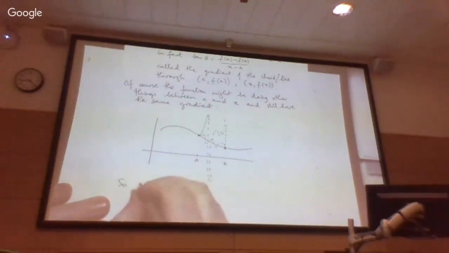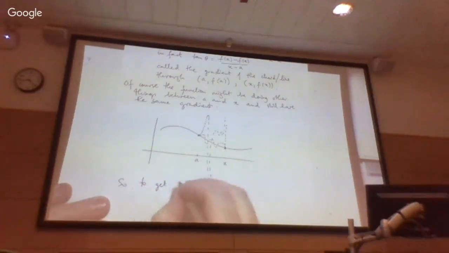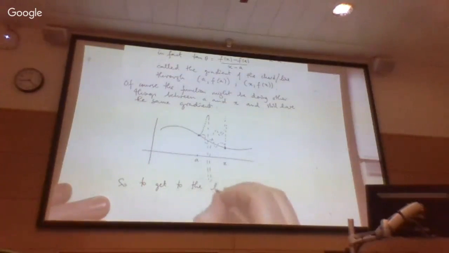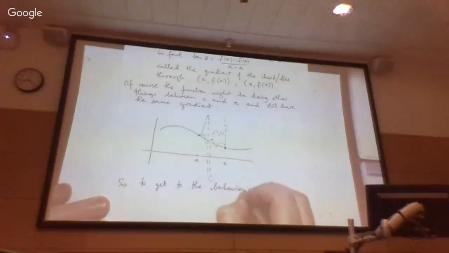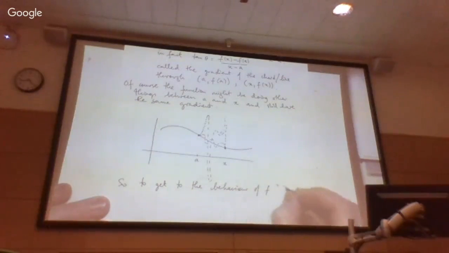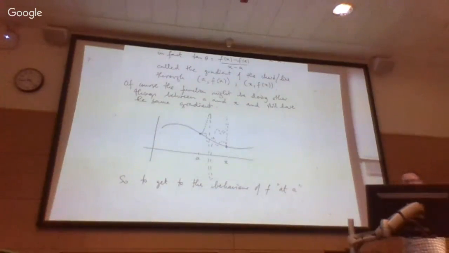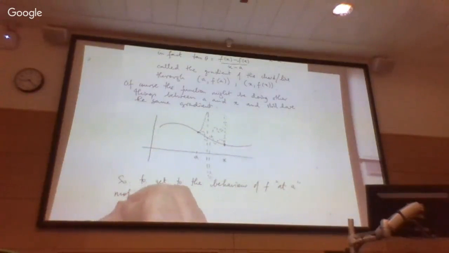So to get to the behavior of f at A, not at A compared to another point X, but just what it's doing at A itself, that motivates us towards the definition of the derivative.